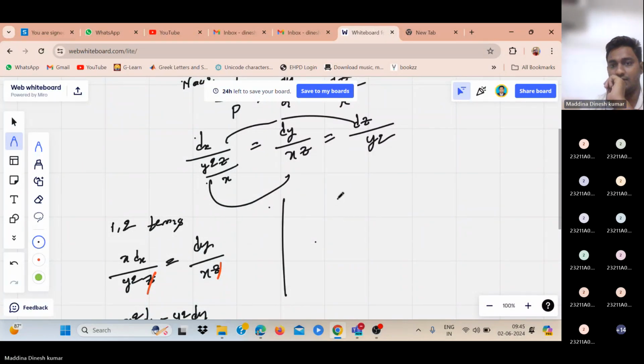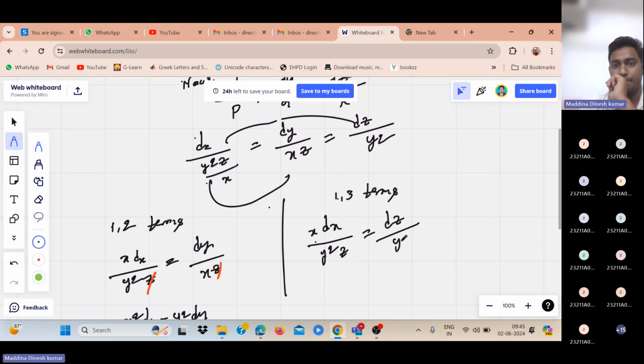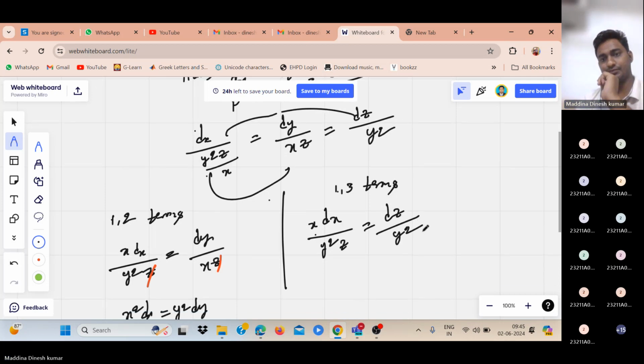1 comma 3 terms. So this x will go into the numerator: x dx by y square z equal to dz by y square.